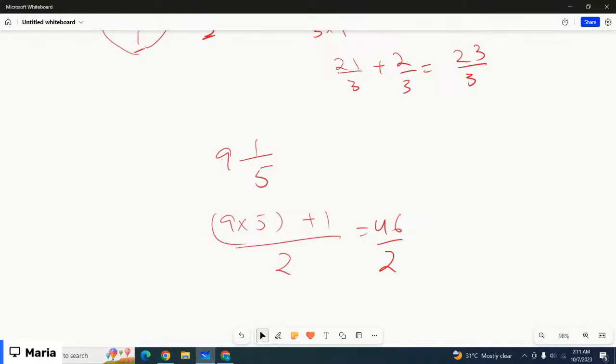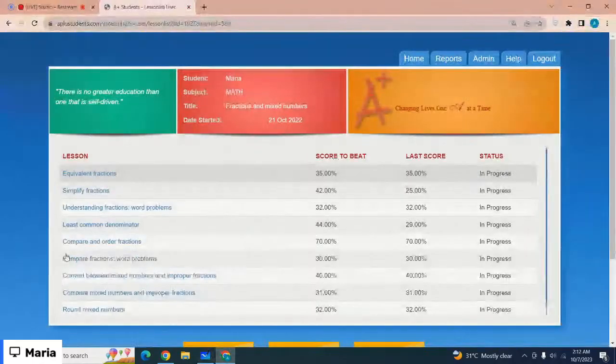Okay, let's do another one. Okay, the next lesson is compare mixed numbers and improper fractions, right?